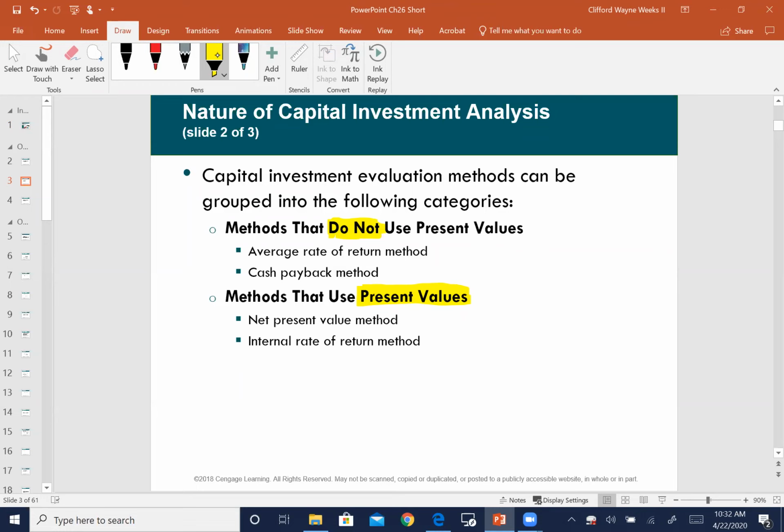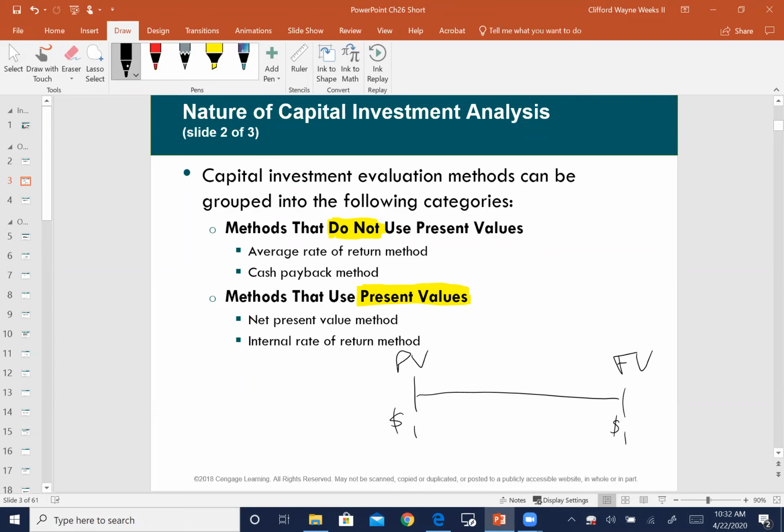The time value of money basically says, if you had the choice to have $1 today or $1 sometime in the future, and so we have a timeline, would you rather have $1 today or $1 a year from now? Hopefully you'd say today, because this is the present, and this is the future value.